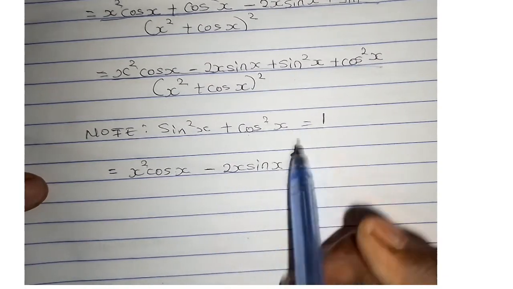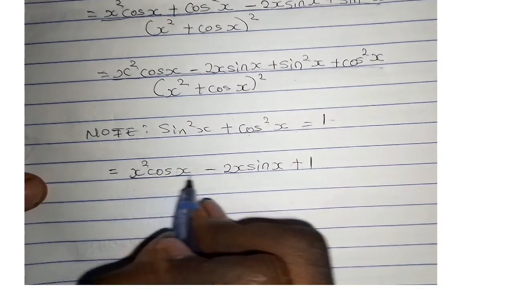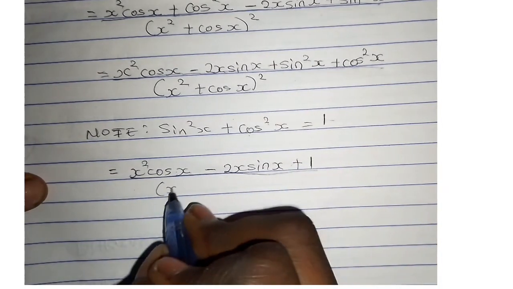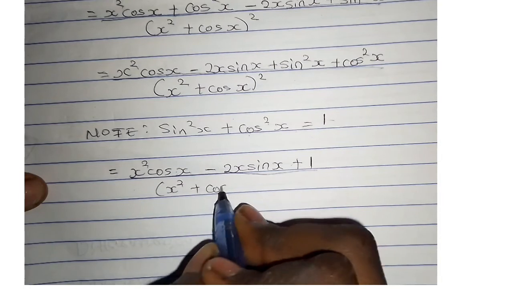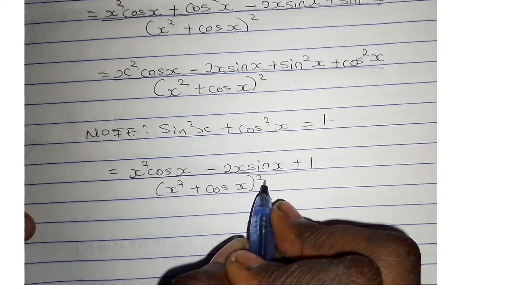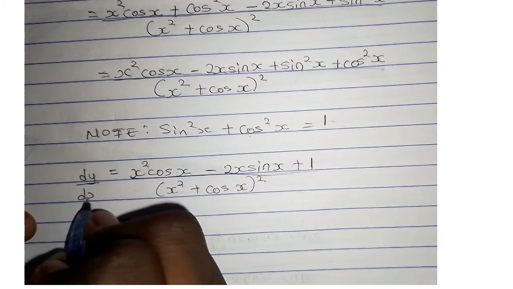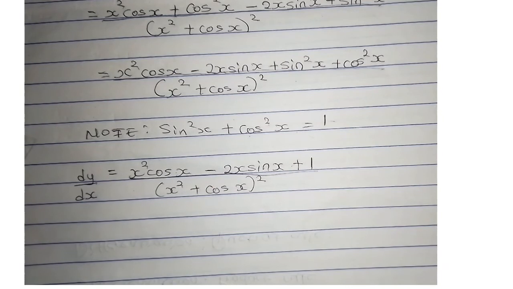In place of sine squared x plus cos squared x, we're going to put plus 1, all over x squared plus cos x all squared. Okay, so this is the answer when we differentiate the fraction sine x divided by x squared plus cos x using the quotient rule.